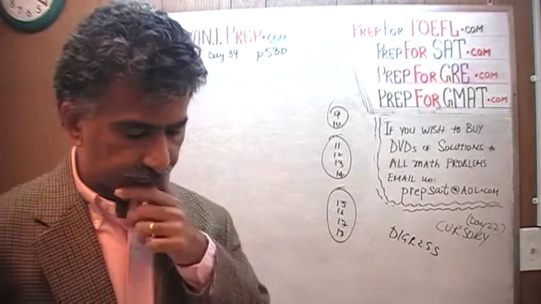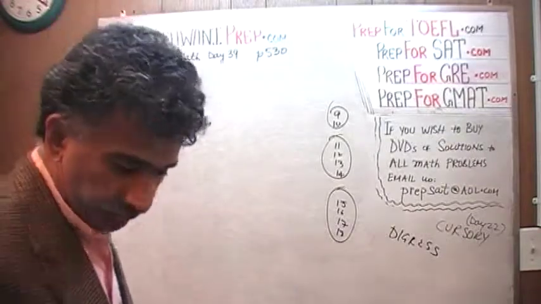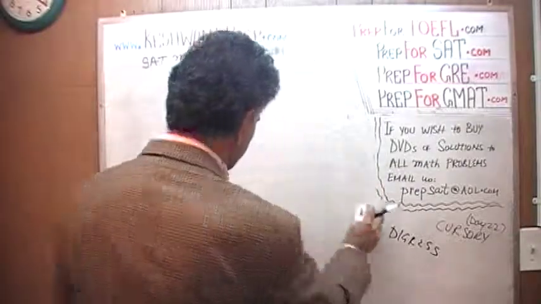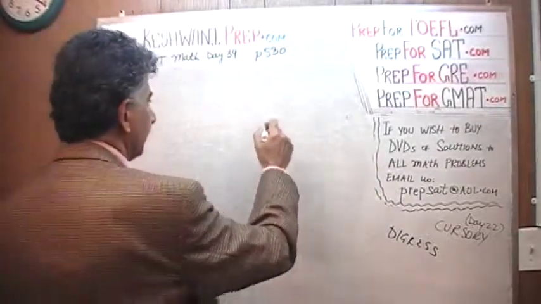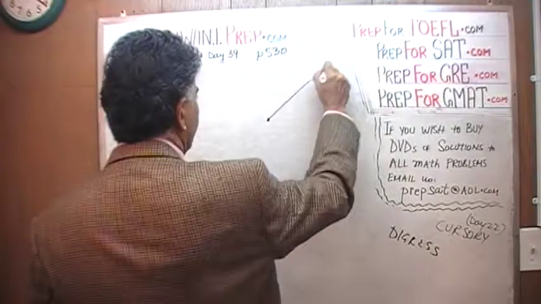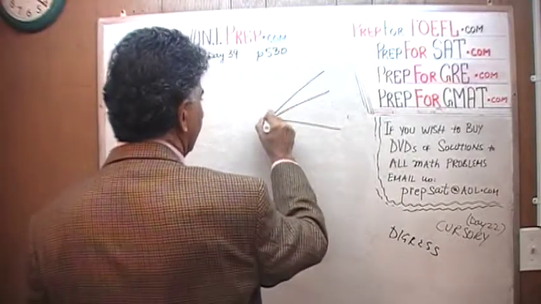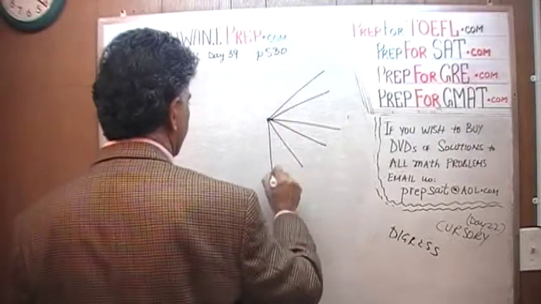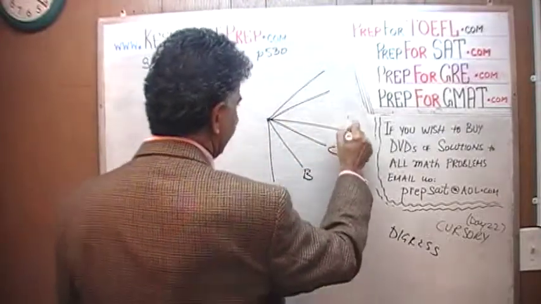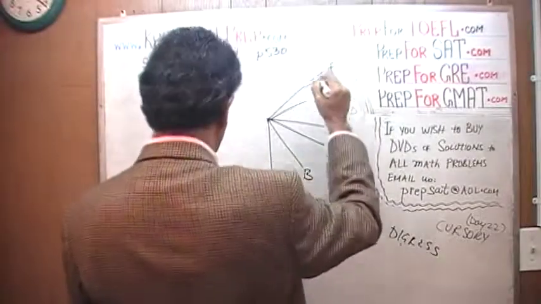Number 15. We are given a diagram, which I'm going to have to erase right away because I need the room for the diagram. We are given a diagram which looks something like this. Here's the point O, and then we have A, B, C, D, E, and F. Voila.